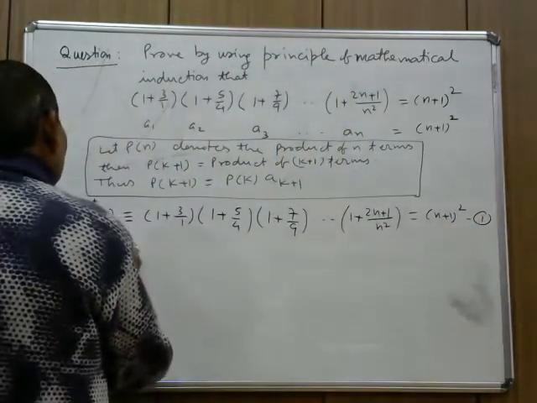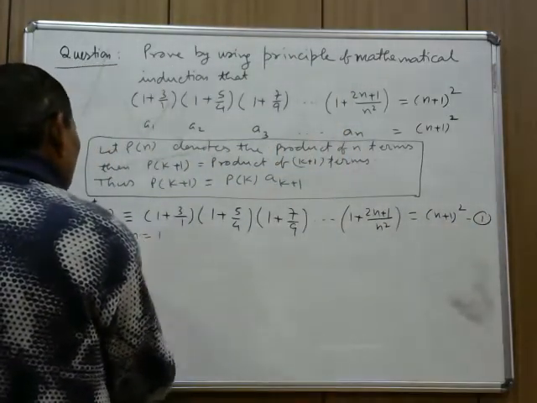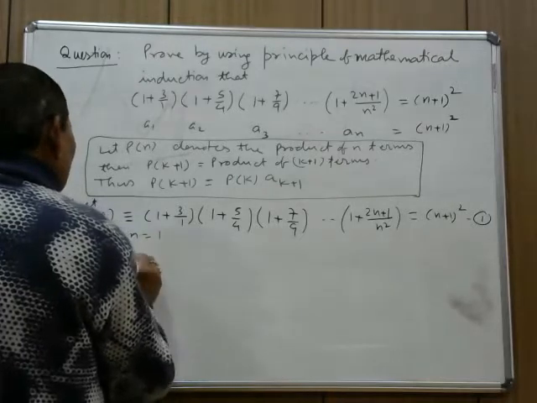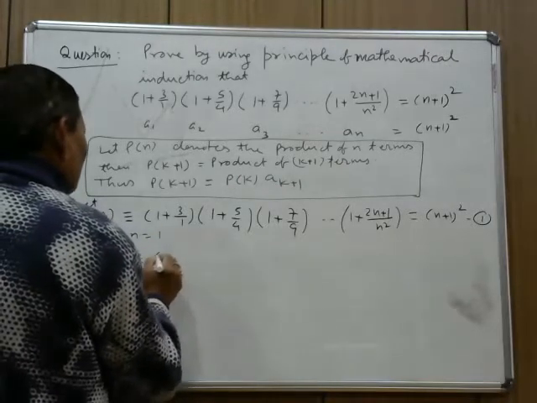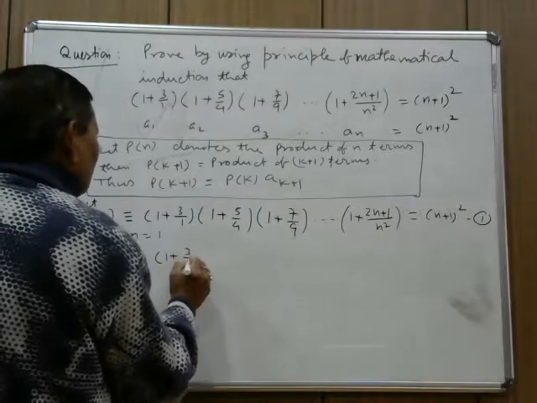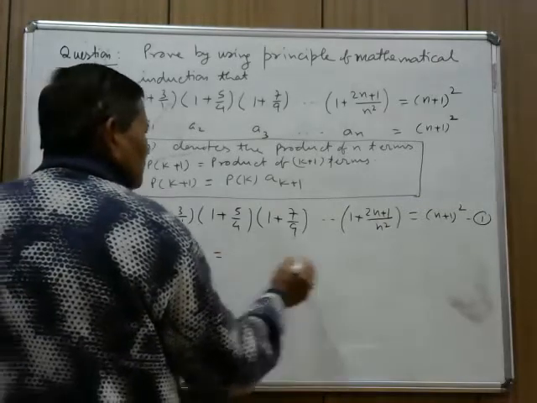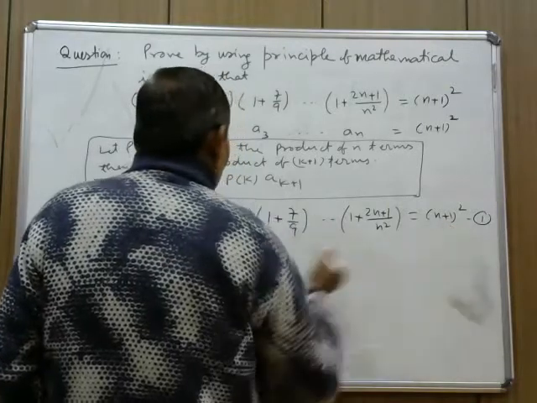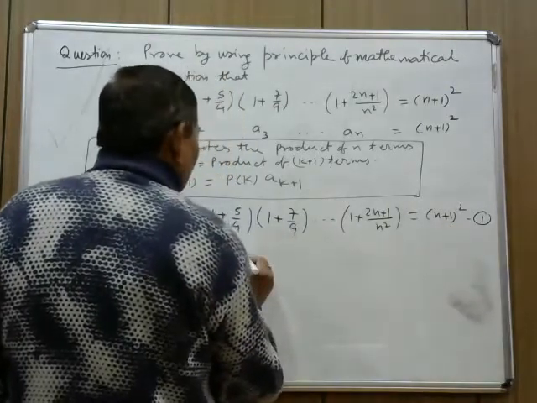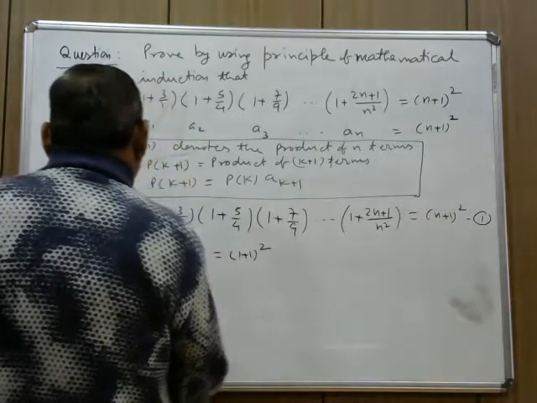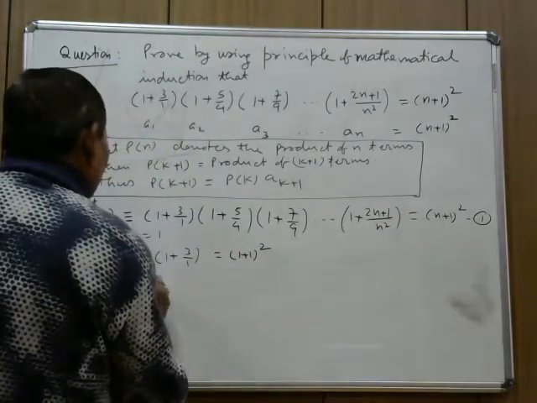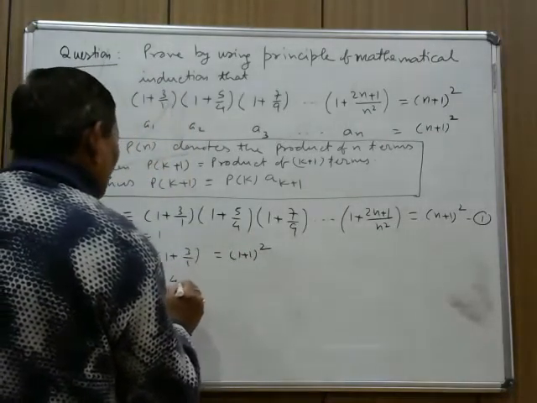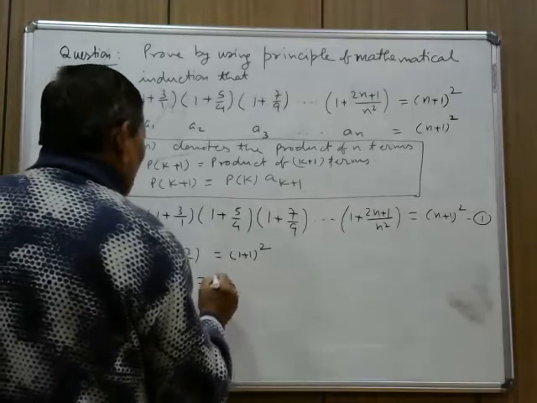Let n equal 1. Your P1 is the value of the first term, 1 plus 3 upon 1, and when you substitute n equals 1 on the right hand side, you get 1 plus 1 whole square. So P1 is 4, equal to 2 square, which is 4.